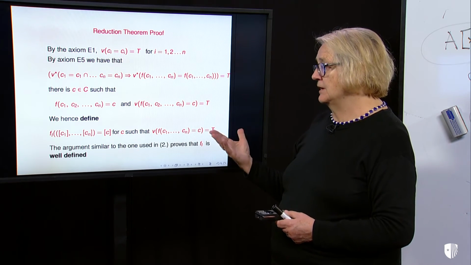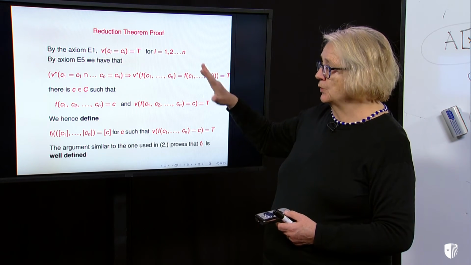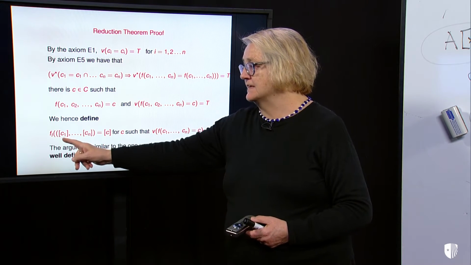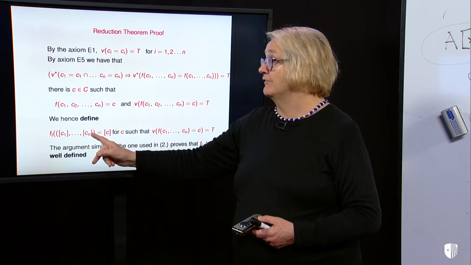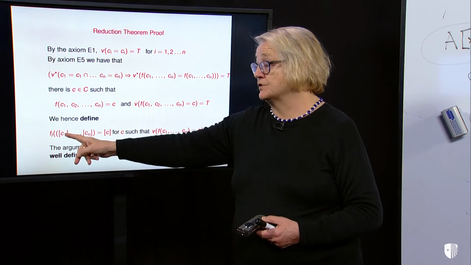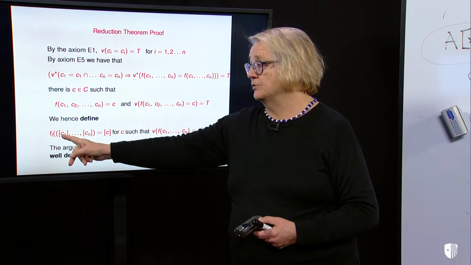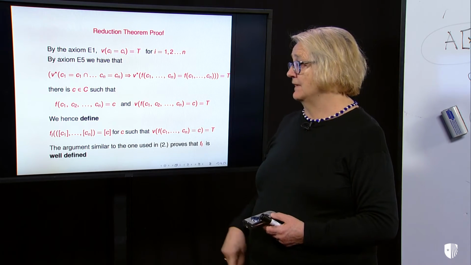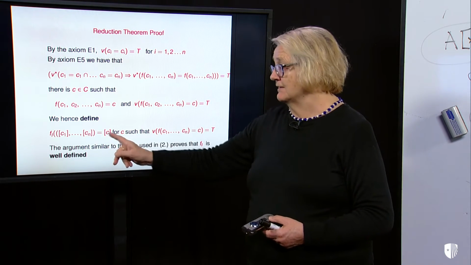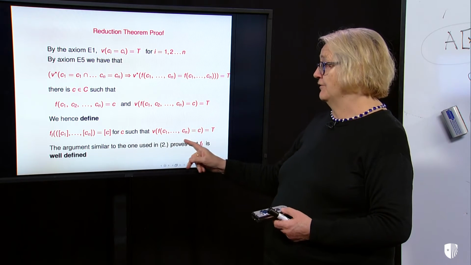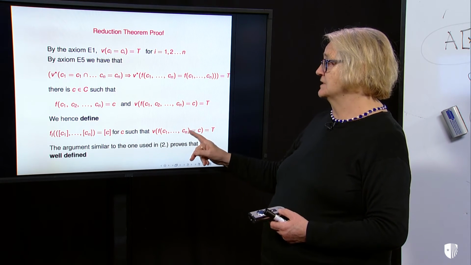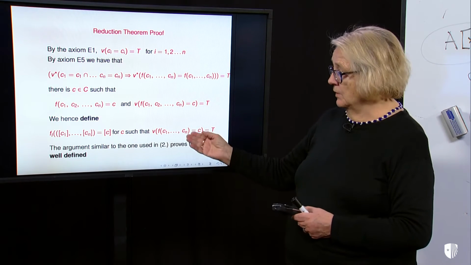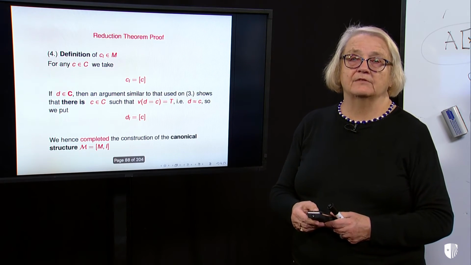Because we define that interpretation, f is an argument function of our universe, but elements of our canonical universe are equivalence classes, such that V of the term on those constants equal c is T. And then you also prove that it is well defined.